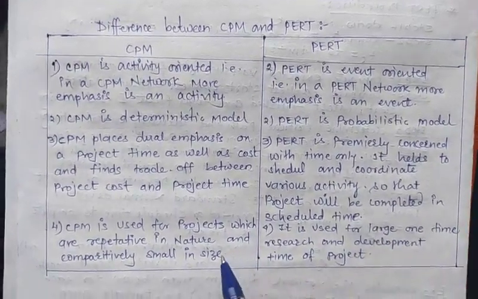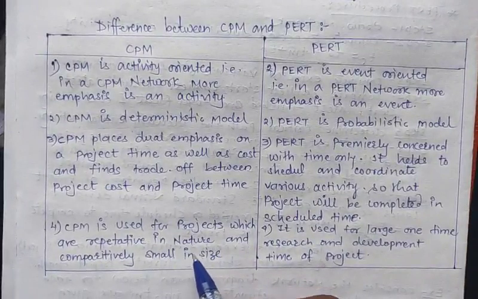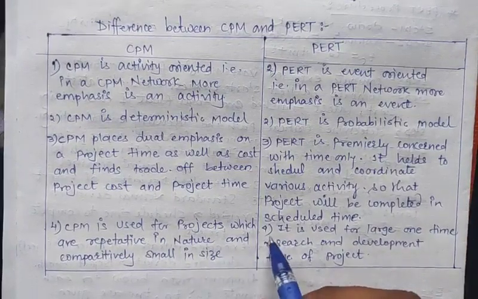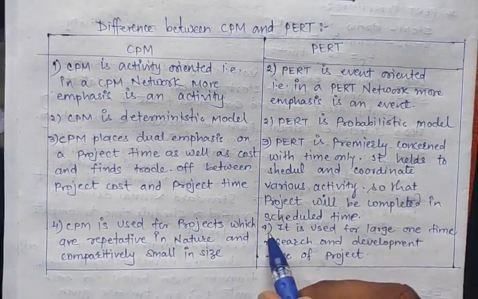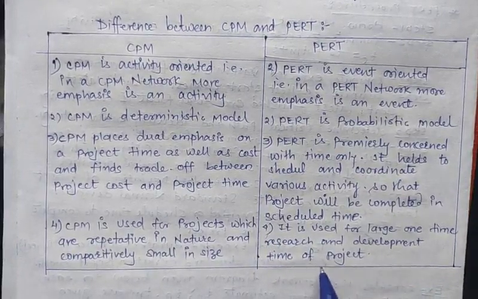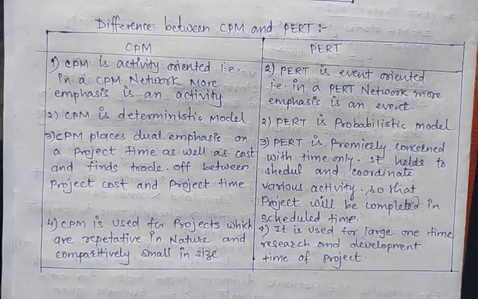CPM is used for projects which are repetitive in nature and comparatively small in size, and PERT is used for large one-time research and development projects. So this is the difference between CPM and PERT.